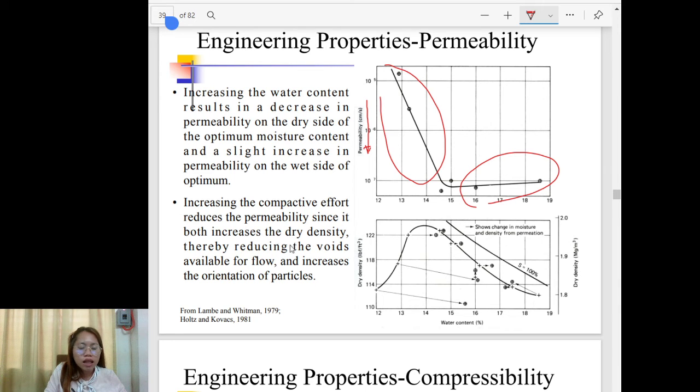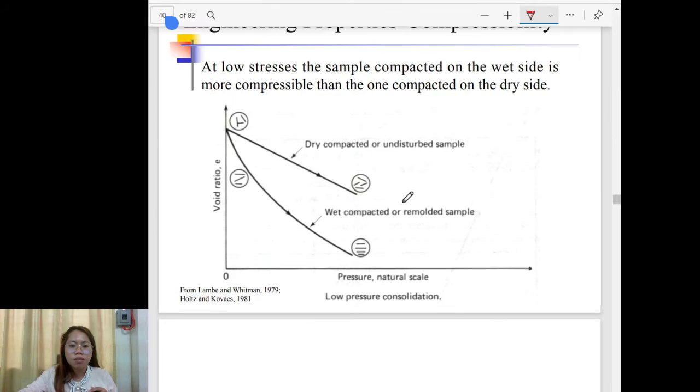The more oriented or parallel the particles, not dispersed anymore, with increasing compactive effort.